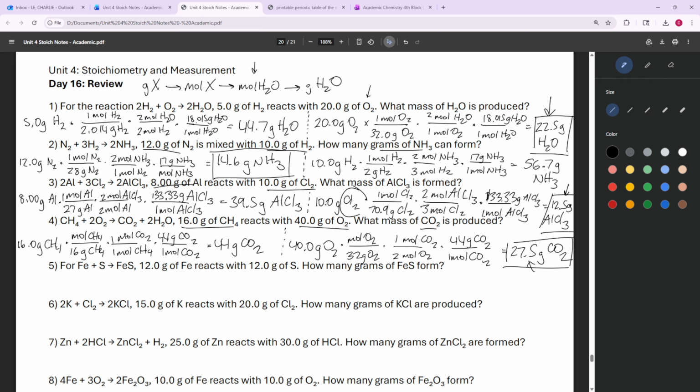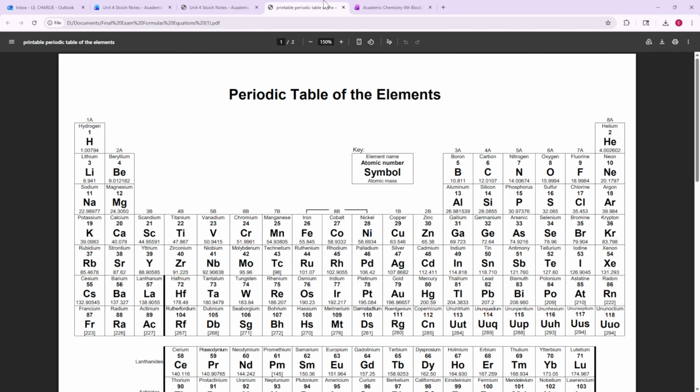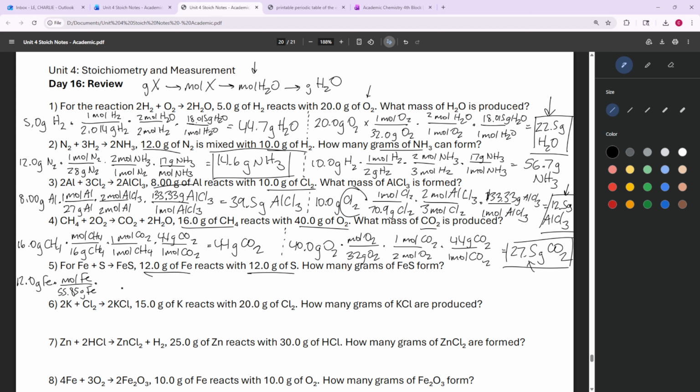Next reaction, Fe plus S giving us FeS. We have 12 grams of iron, 12 grams of sulfur. How many grams of FeS form? So, again, standard procedure here. 12 grams of iron times. All right, so there are 55.8, looking at the periodic table, 55.845, times, for every mole of iron, we get a mole of iron sulfide.